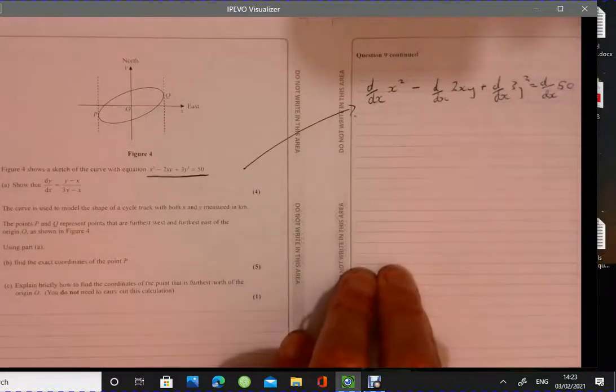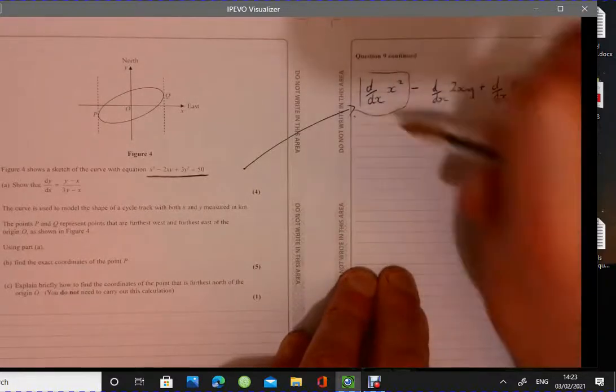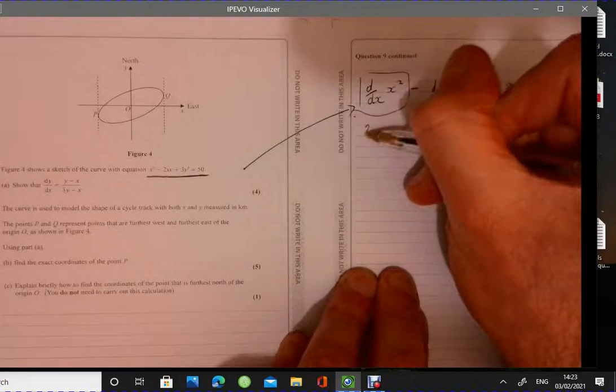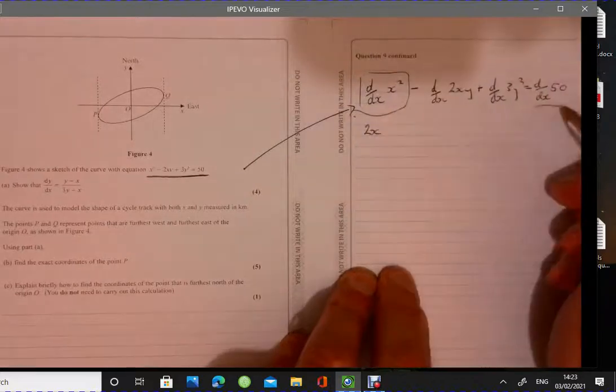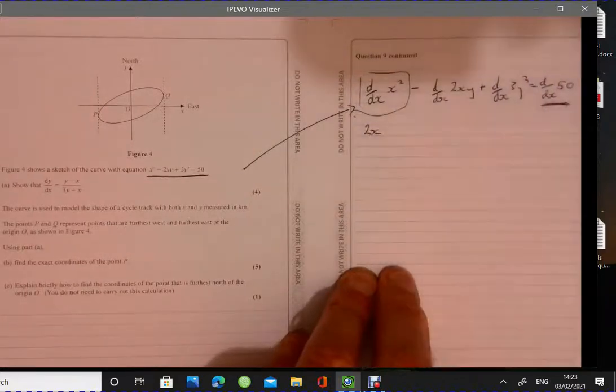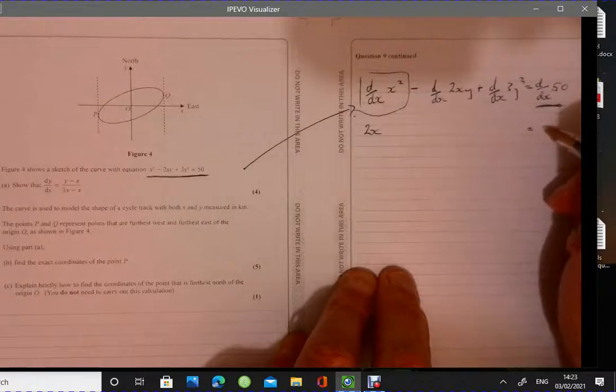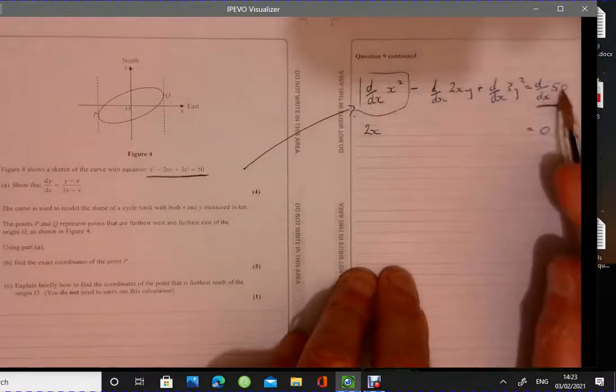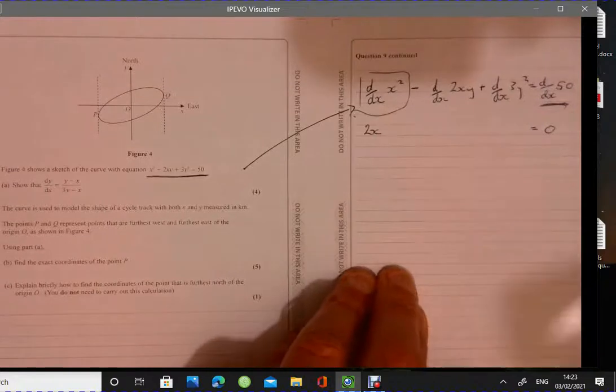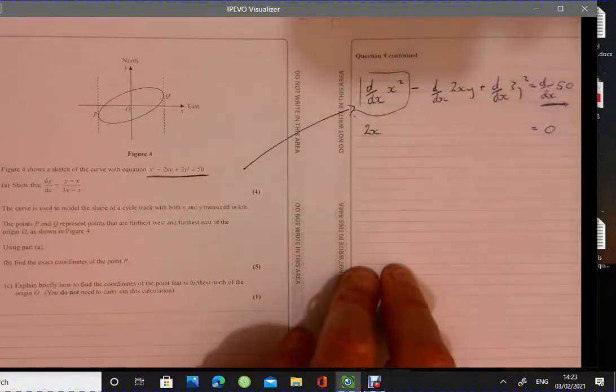So let's concentrate on the easy bits first of all. Not too tricky. That's just going to be 2x, and this part just here is just going to equal 0. If we differentiate this with respect to x, it just disappears. Right, now the next couple of parts.